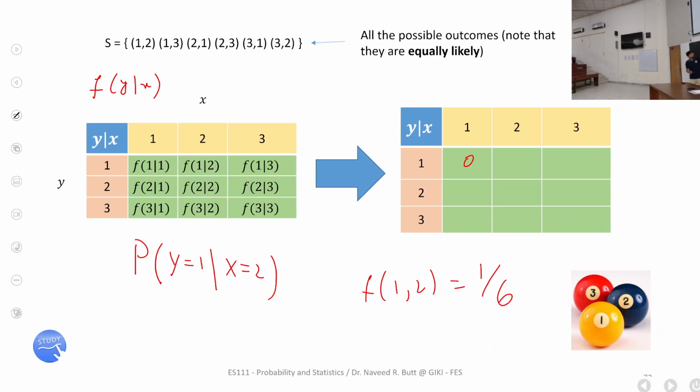Okay? Now look at the possibilities here. Which of these satisfy at least this condition? Now you know this has happened, yeah? So your universal set should become smaller in this case. So which of these have the first ball showing 2?